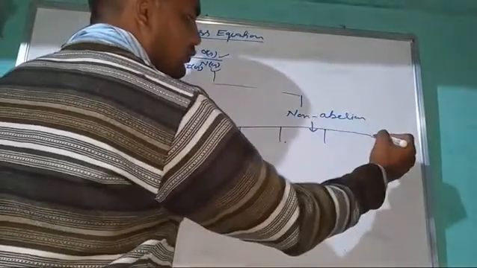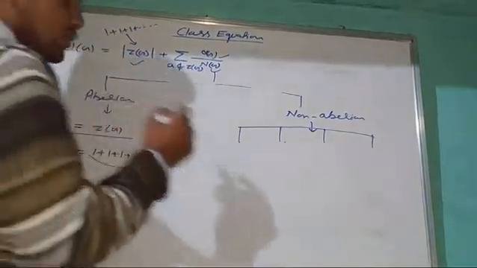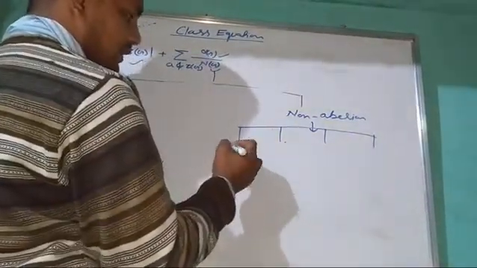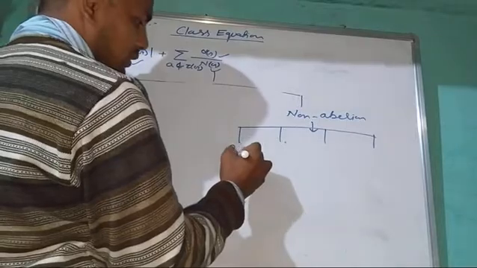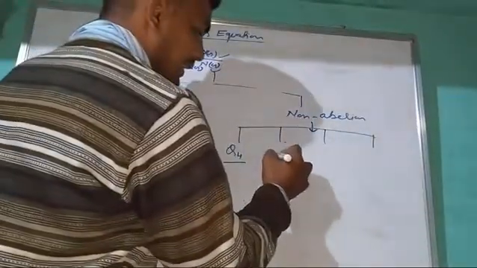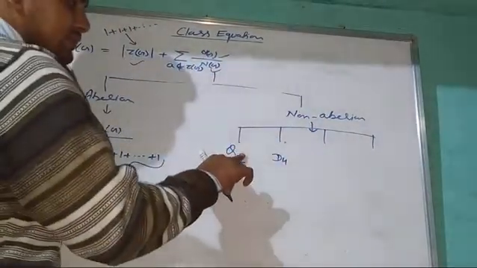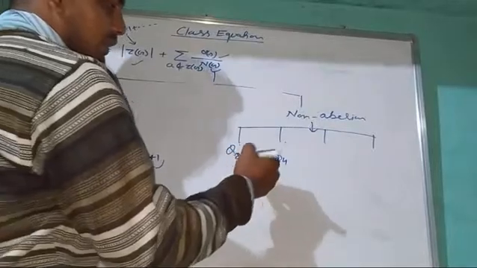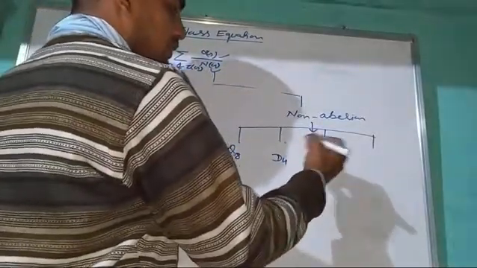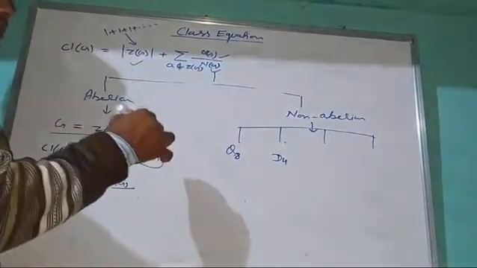For understanding this, we will practice on such non-abelian groups, for example the quaternion group Q8, dihedral group D4, and other groups which are non-abelian.